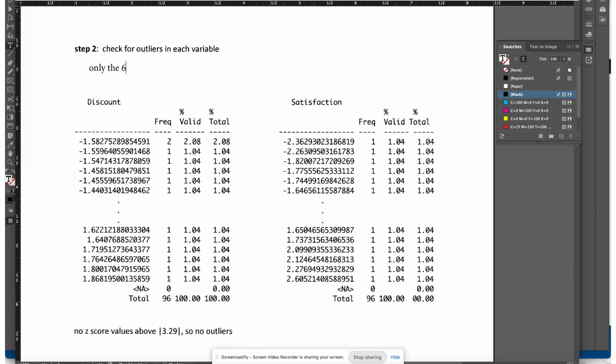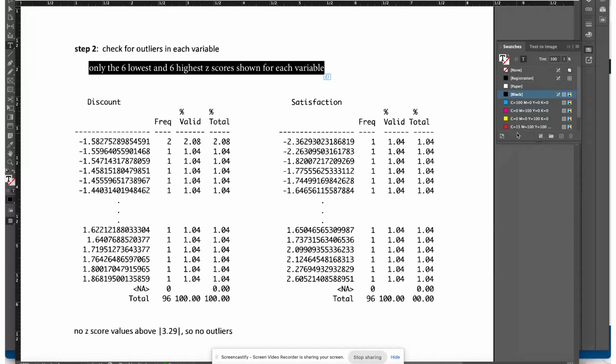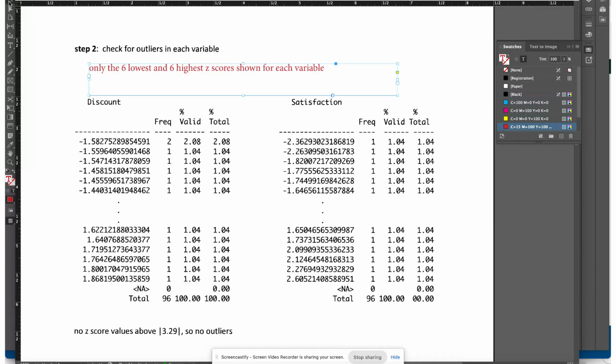Only the 6 lowest and 6 highest z-scores are shown for each variable. And remember that the cutoff is anything over 3.29, positive or negative. When you look at these numbers, there are no values that go over that, and so we have no outliers in this data set.